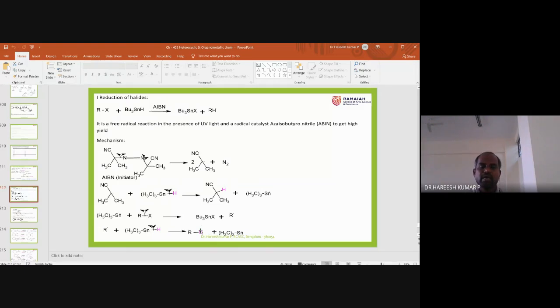So this is how the alkyl halide is converted into hydrocarbon, and this is the mechanism for the conversion of alkyl halide to hydrocarbon, in which azaisobutyronitrile acts as a radical initiator. Okay, this is about the mechanism. R can be anything, alkyl or aryl, and then you will get the respective hydrocarbon.